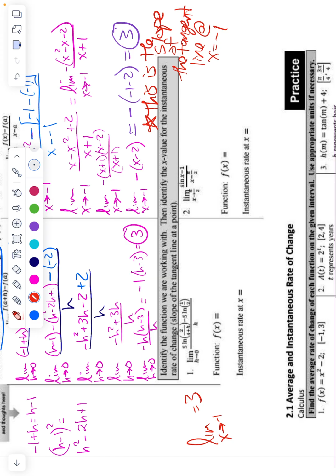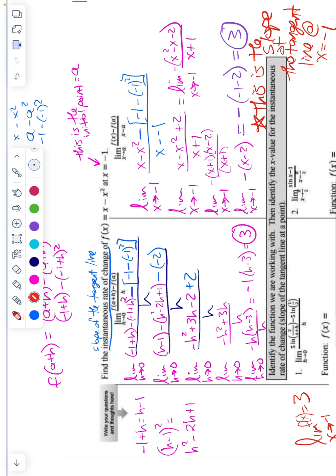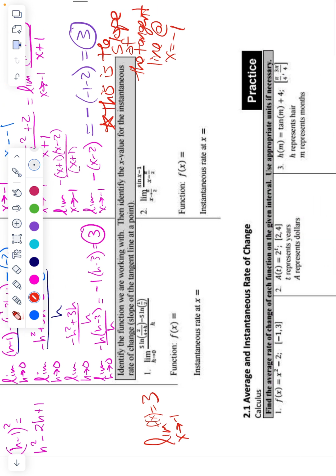If we stuck an f in here, that would be better. In this case, f was defined. But on the test, most of it never had an f. It was just some expression, right? So not having the f, we're saying the limit of something as x approaches -1. We have no idea what that is.